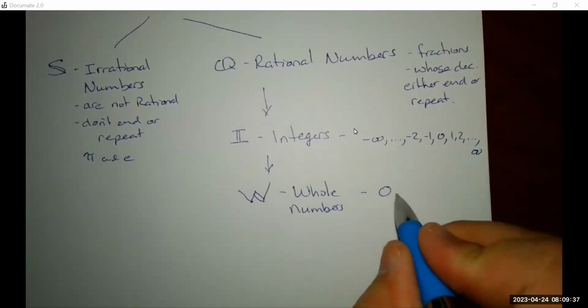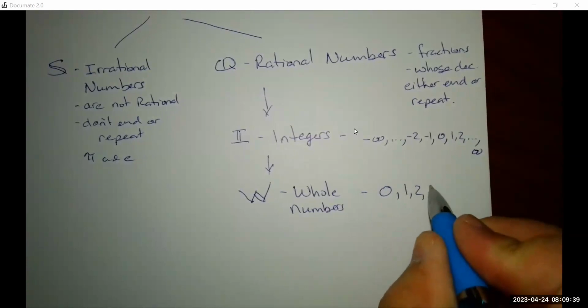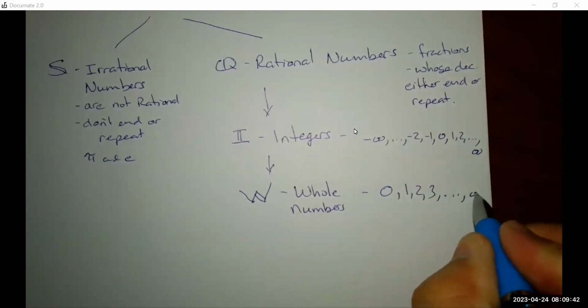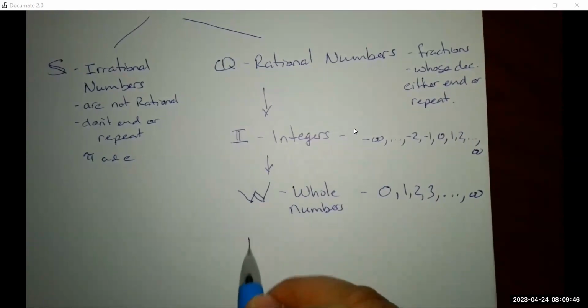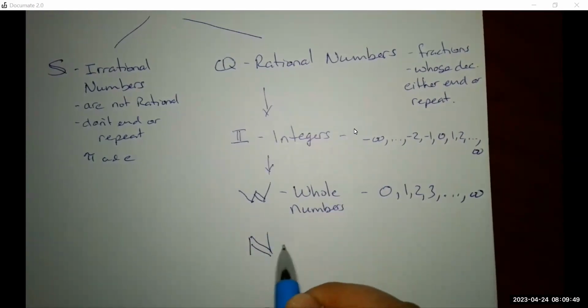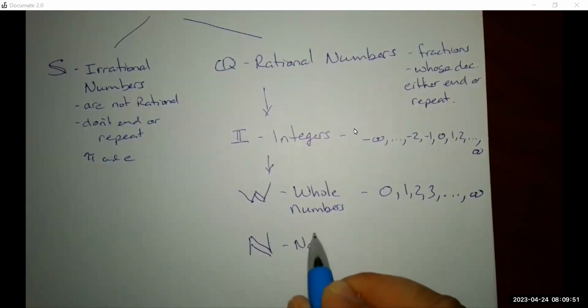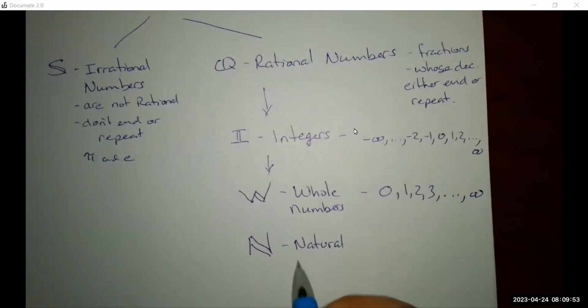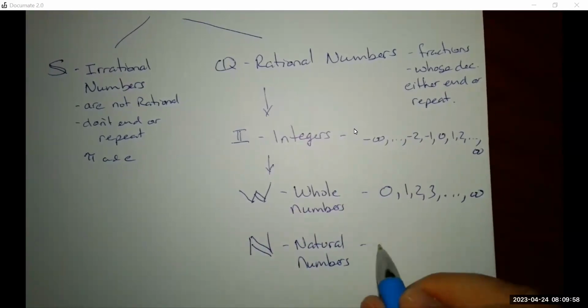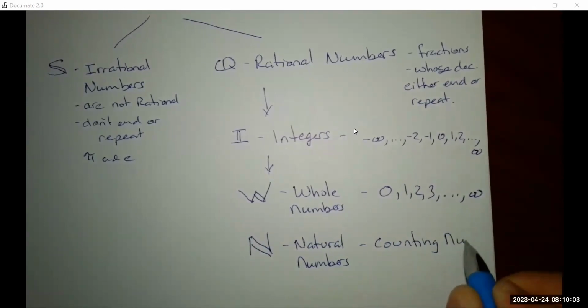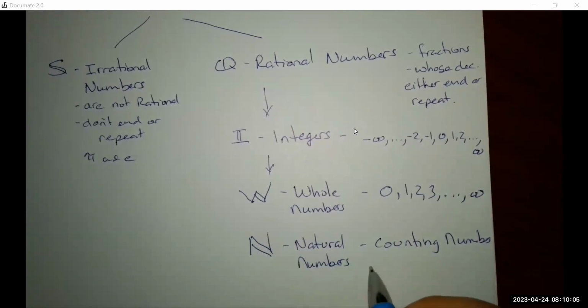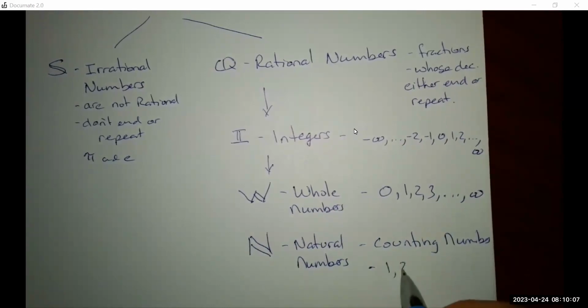Whole numbers start with 0 and go to infinity. And lastly, we have the natural numbers, or the counting numbers. Start with 1, 2, 3, and go on to infinity.